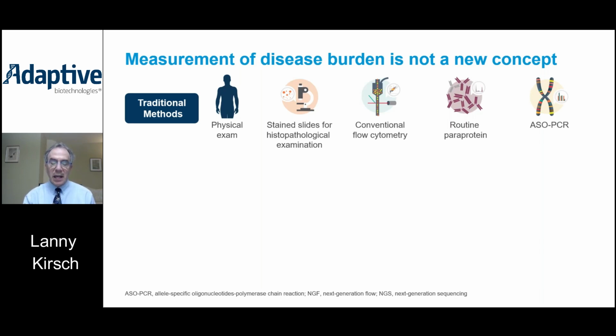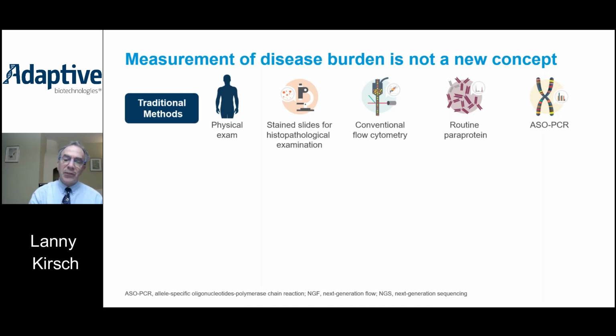First, the concept of MRD determination is as old as oncology itself. A patient presents with disease, and the size and extent of his or her tumor is assessed. A medical intervention is begun, and the efficacy and success of that intervention is subsequently evaluated. At first, this was done simply by a physical exam.